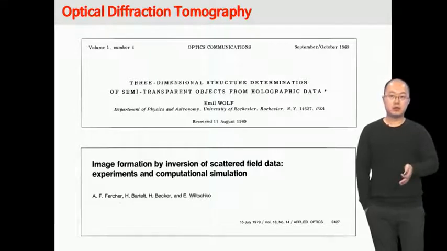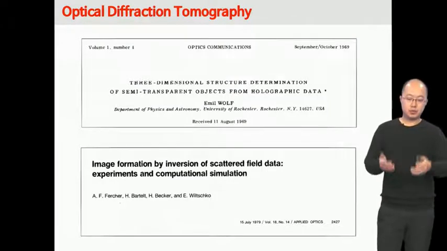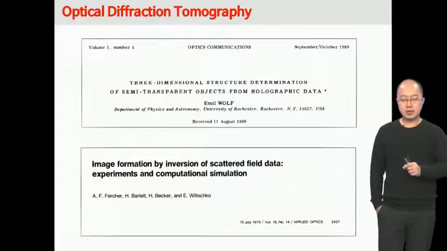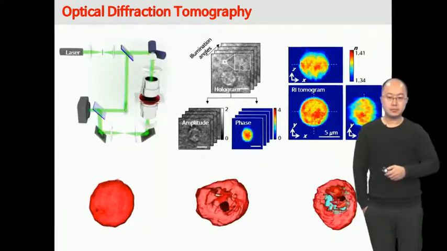That was about 30 to 40 years ago, and at the time there were only some scattered publications. But very recently many people have revived this field, and the concept of measuring three-dimensional refractive index distribution has become popular in biological science applications.